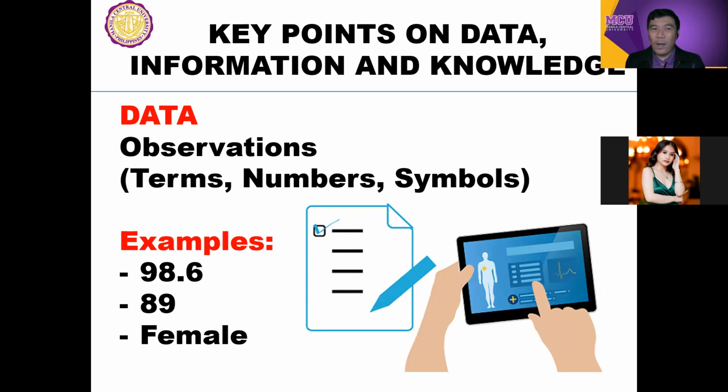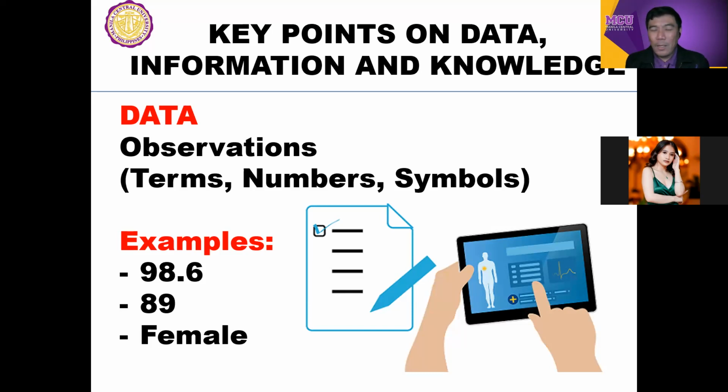It could be a temperature, in degrees Fahrenheit. 98.6 could also be the level of oxygen saturation. So there are many perceptions that we may connect. For example, 89 is heart rate. Or is 89 age? Those are considerations.